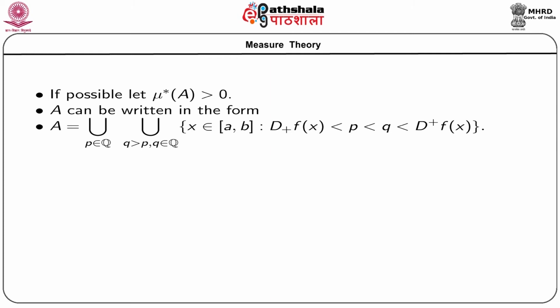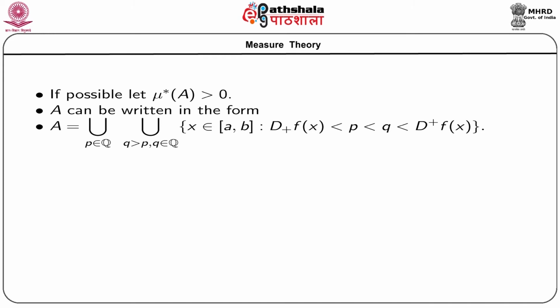Observe that since the set of rational numbers is dense in the set of real numbers, when for a point x we have D lower plus f(x) less than D upper plus f(x), we can always find first a rational number p with the property that D lower plus f(x) less than p less than D upper plus f(x), and we can find again another rational number q with the property that p less than q less than D upper plus f(x).